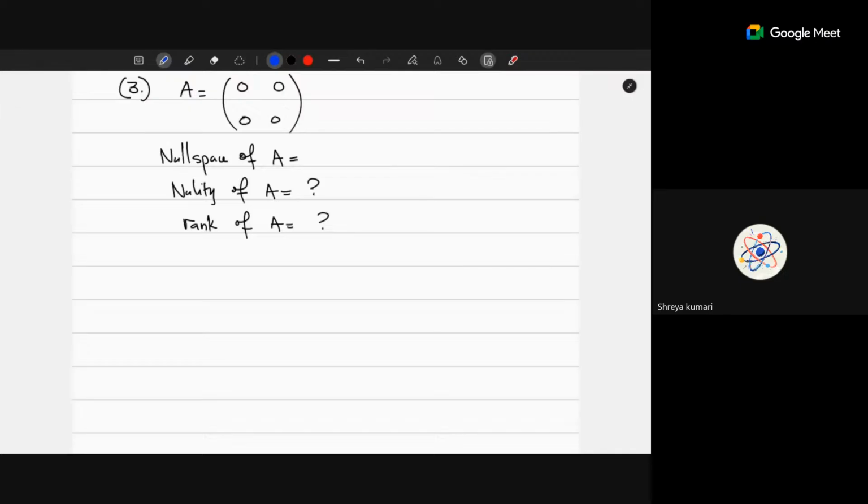No, I'm not asking the dimension. What is the null space? The null space is a span of vectors. So what is the null space? If you write down the definition, it is the set of all vectors x in R2 such that Ax is equal to 0.